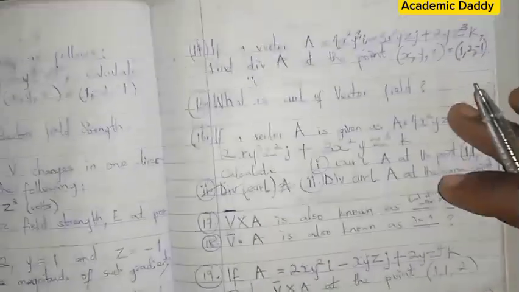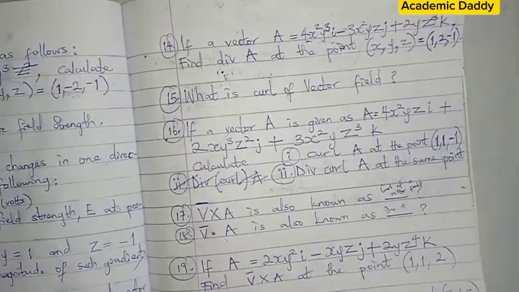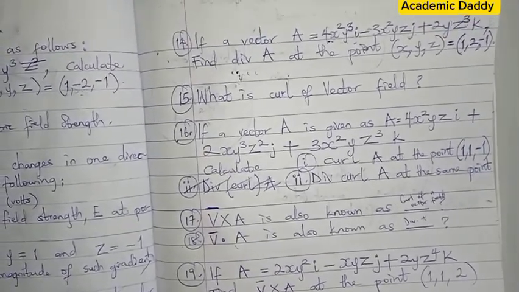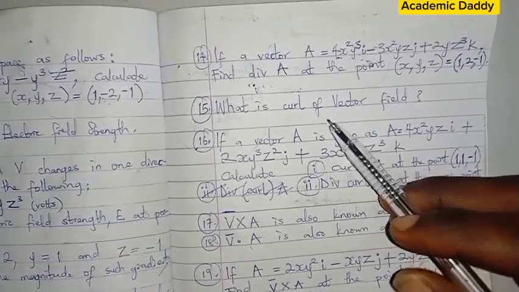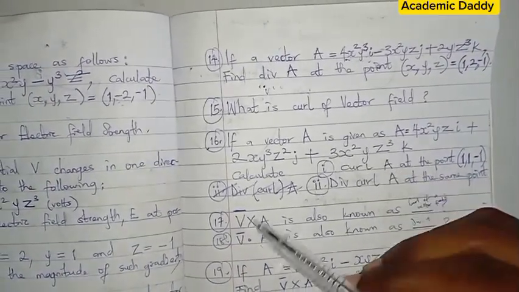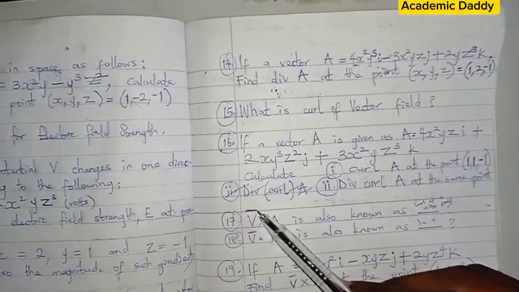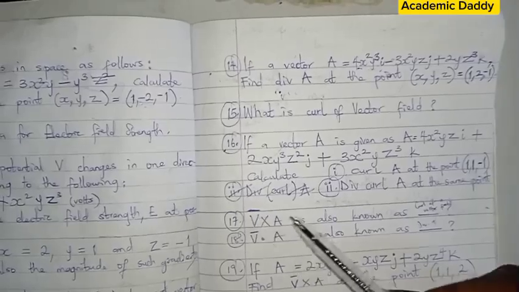So with that said, they now ask us, what is curl of a vector field? We say that curl of a vector field is simply the derivative cross product of A. So this is the derivative operator crossed with A.